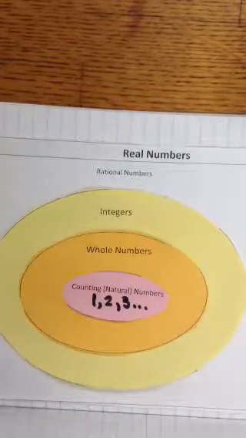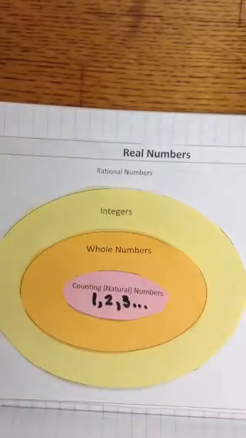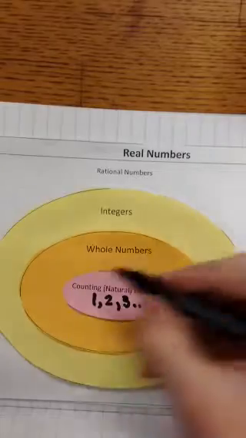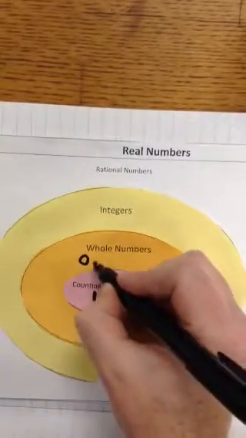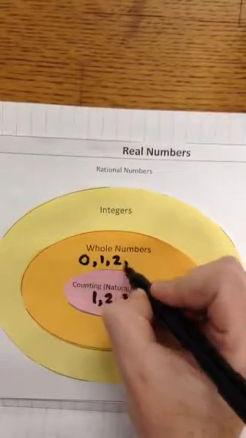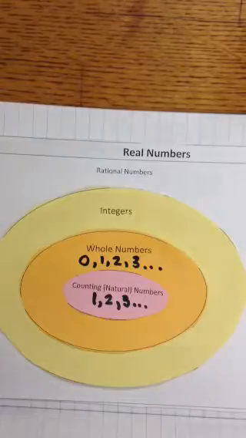The whole numbers include all of these, but there's just one more. Some of you might remember that it includes the number 0, and then it goes 1, 2, 3, ... Make sure you're putting your numbers on your notes.